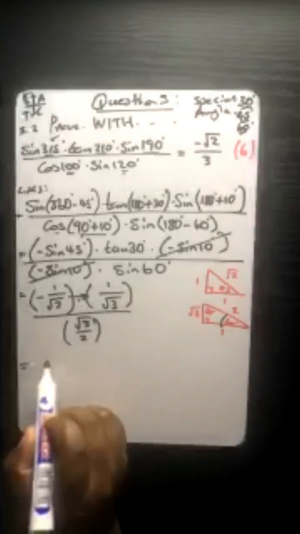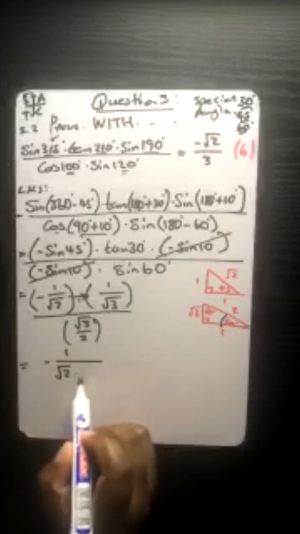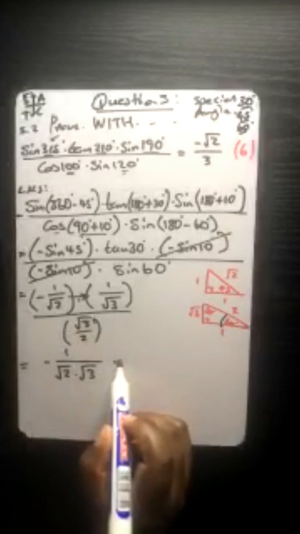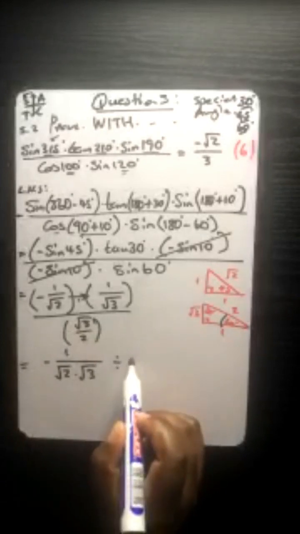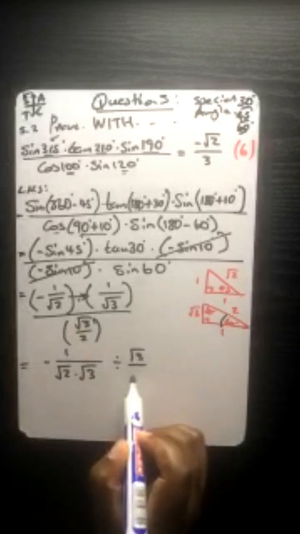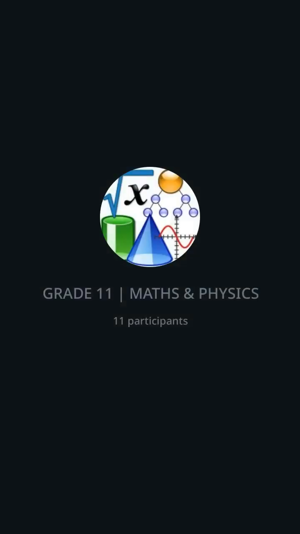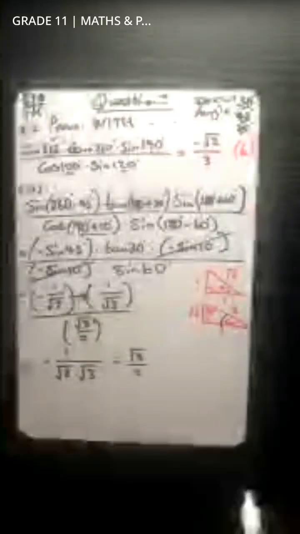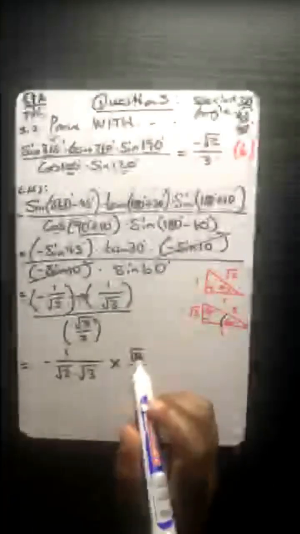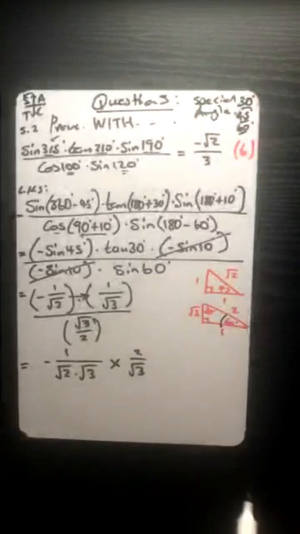What if I say -1 over the root of 2, which is multiplying the root of 3, and then you divide by the whole of that, being the root of 3 over 2. Where now you can replace that with a multiplication. Obviously, that one you know, meaning you are therefore going to have 2, the root of 3.